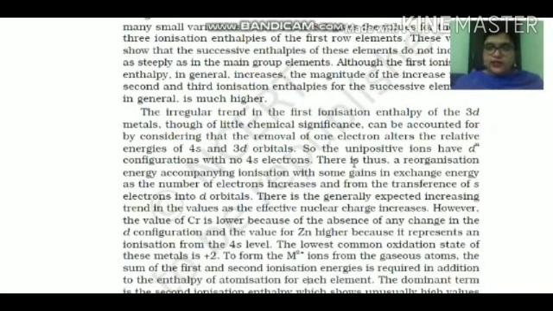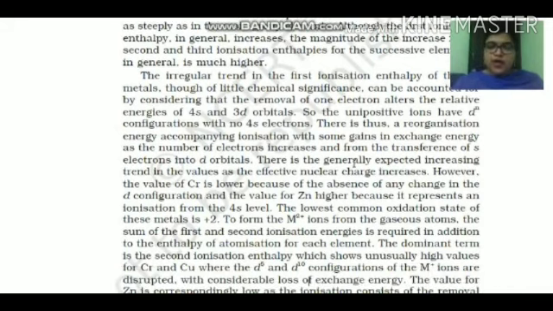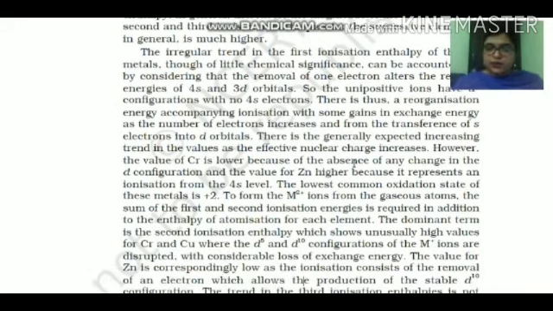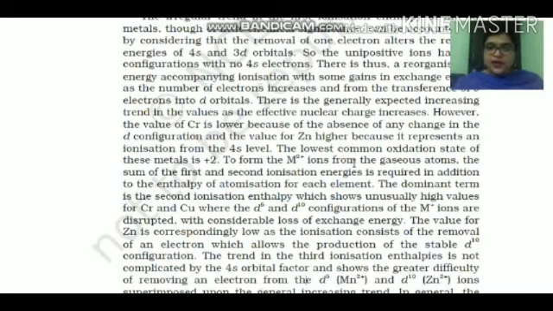Now here you can see, children, I will show you the ionization enthalpy of a few metals. First, the first ionization enthalpy of chromium will be lower as compared to the second one. The second ionization enthalpy will be higher.